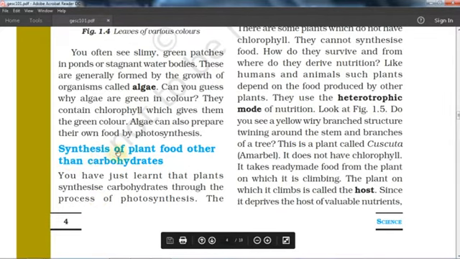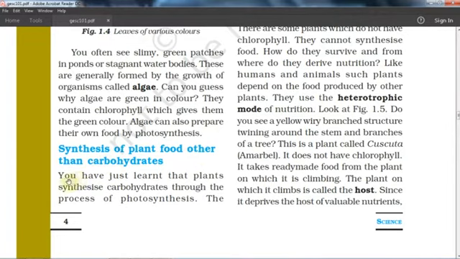So now students, synthesis of plant food other than carbohydrate. Other things are also needed by the plant for growth, because carbohydrate is the source of energy only, but the plant has to grow. For that growth they need too much nitrogen.